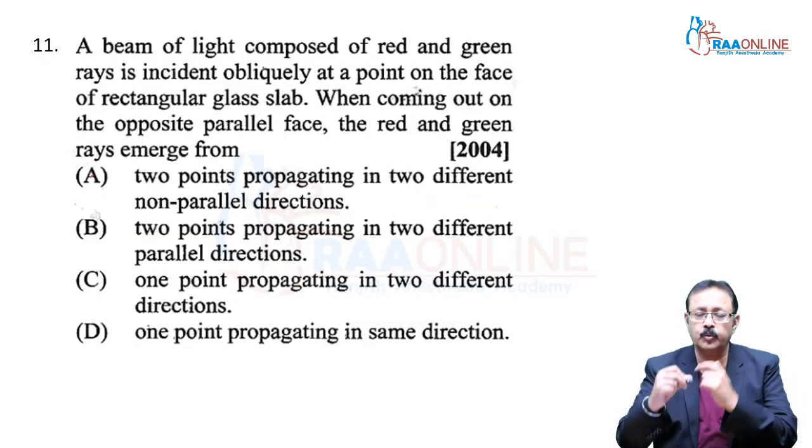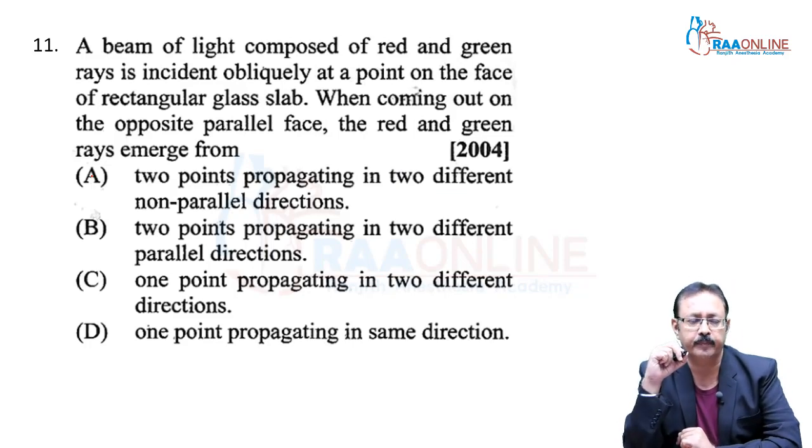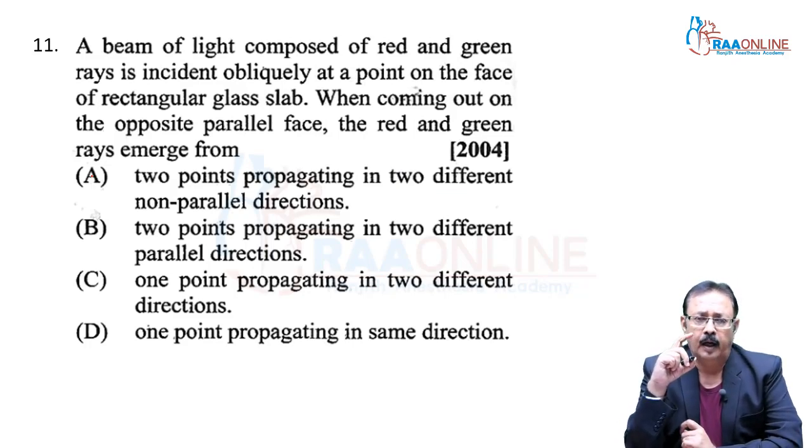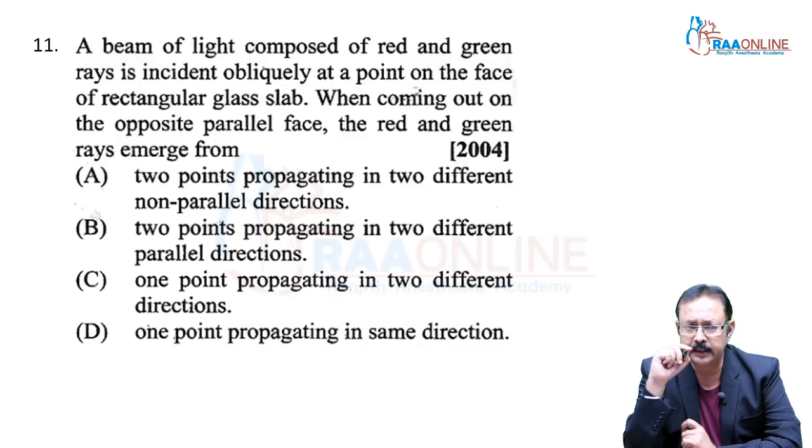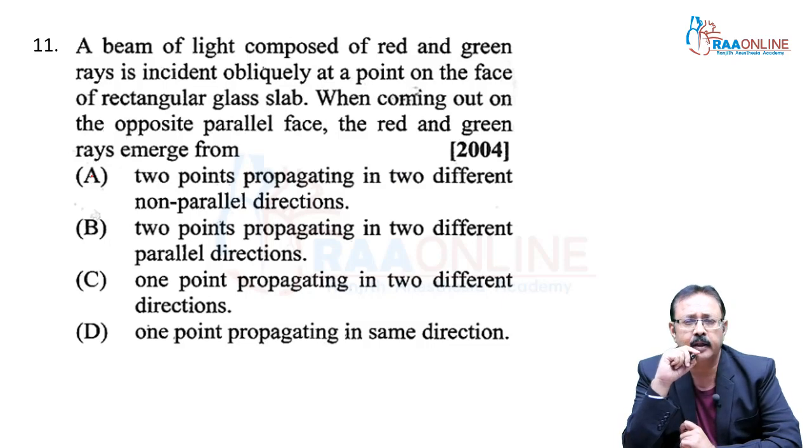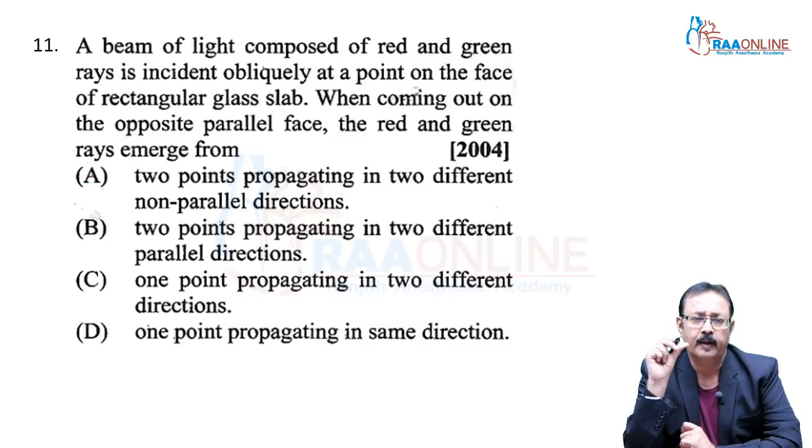Next, it is from 2004 AIPMT. A beam of light composed of red and green rays is incident obliquely at a point on the face of a rectangular glass slab. When coming out on the opposite parallel face, the red and green rays emerge from two points in two different non-parallel directions.